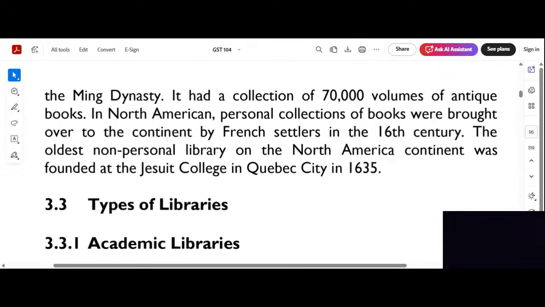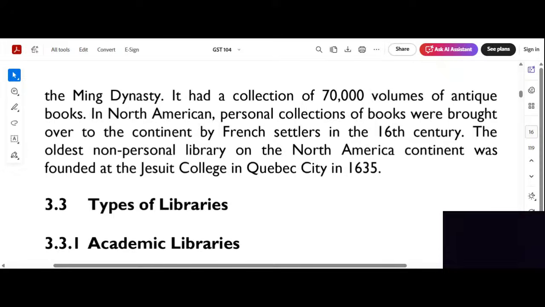What is a library? And then see if you guys are okay with the definition already. If you know it already, because what we have tonight is types of library. But before we move to that, it's only good we refresh our brains and remind ourselves what we did in the previous class, which is the definition of a library.